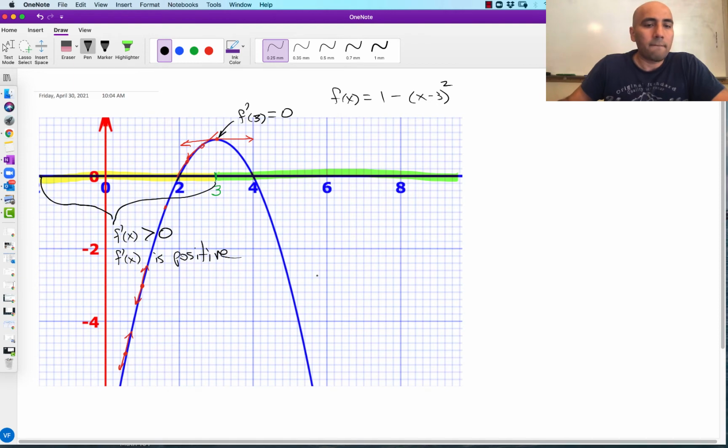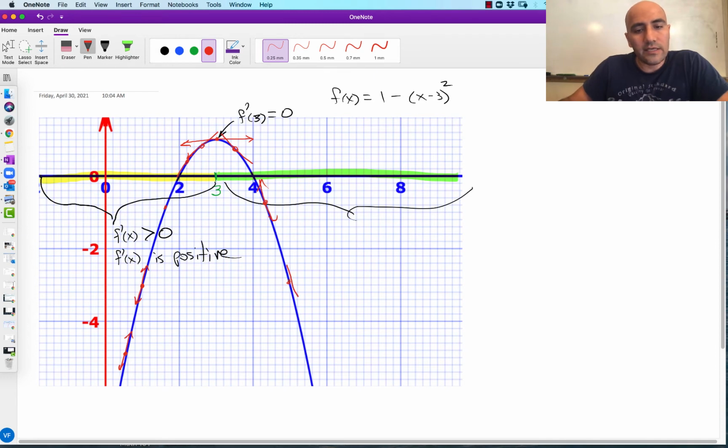Positive. Good. To the right of 3, let's think about all those derivatives. So the tangent lines are going to start off with, say, something here. Here's one point there, and then maybe another one over here. So here are just some examples of where the tangent lines are.